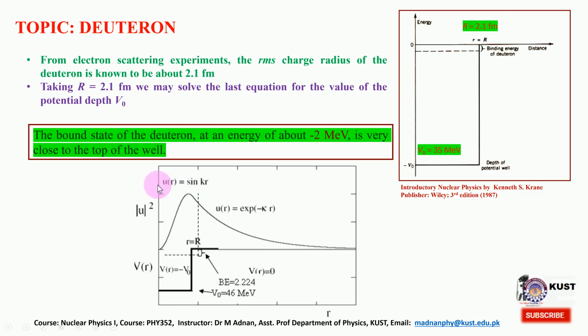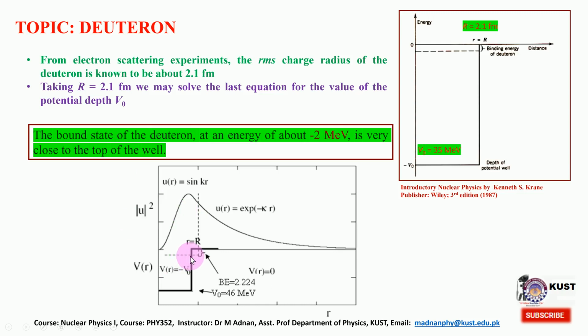So to make the two solutions continuous across this boundary, so that there are no hiccups, you see, one solution joins the second one in a nice way, so that beyond r equal to capital R we have this exponentially decaying solution, and on this side we have the sinusoidal solution. As I told you, you can work out the various aspects now, why this is one-fourth and all those things.